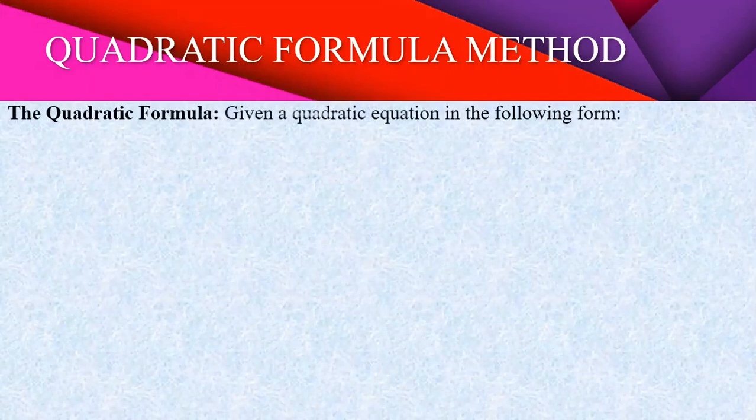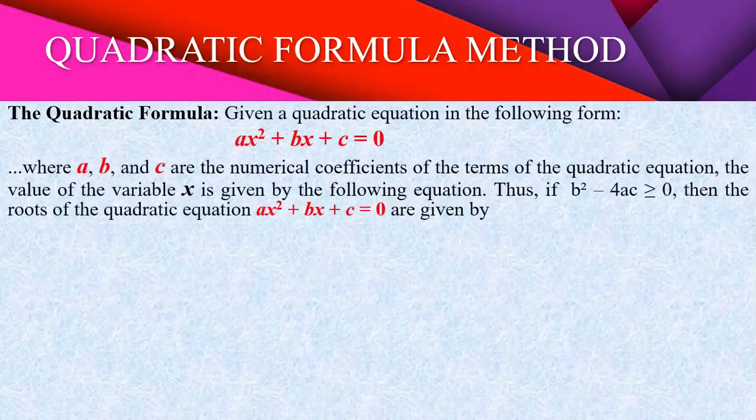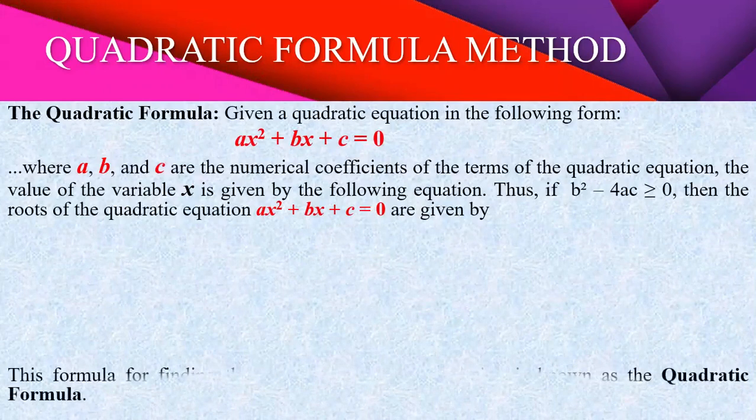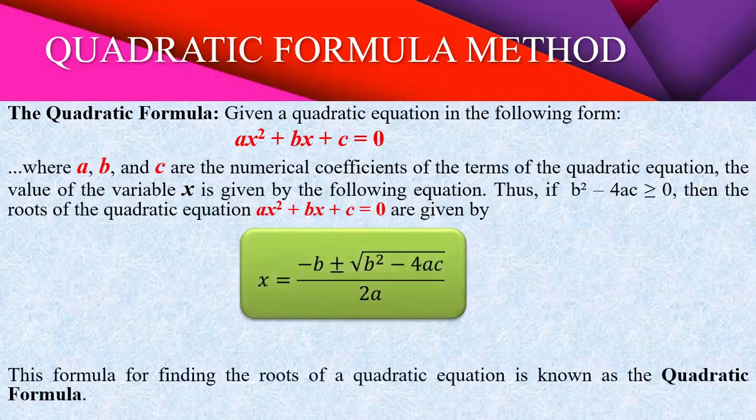Now let us learn how to find the roots of a quadratic equation using quadratic formula method. And this method is considered as the easiest method among all the three methods. Given a quadratic equation in the standard form, ax square plus bx plus c equal to 0, where a, b and c are the numerical coefficients of the terms of the quadratic equation, the value of the variable x is given by the following formula.